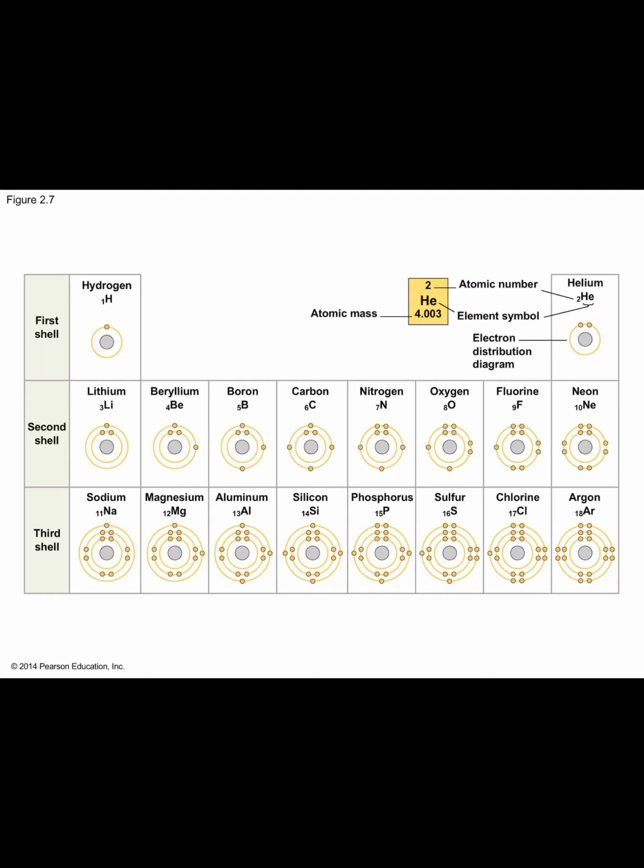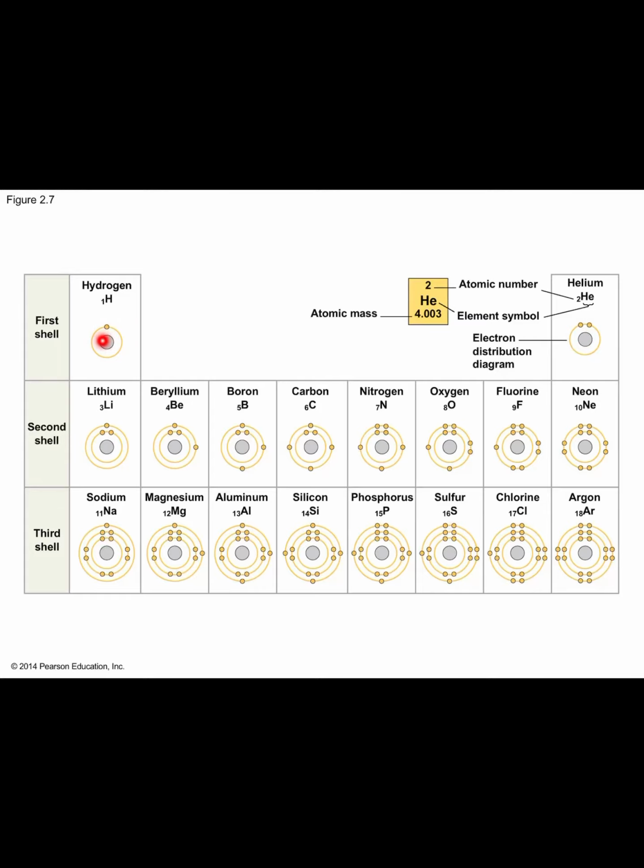All right. Well, here's the first rule about electron distribution. The first electron shell that you see here in the case of hydrogen and also here in helium, it can only hold 2 electrons. That's it. Now, why is that important? It's important to chemical reactivity because the more complete the outer shell of an atom is, the less reactive that atom is.